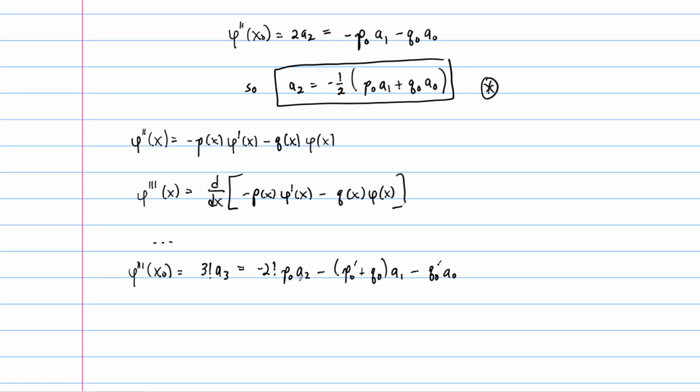And then we have a value for this, right? A2 is this. And so what we end up with is 6a3 is equal to the negative 2 factorial and the negative 1/2 cancel. And so we'll get p0 times p0a1 plus q0 a0 minus p0 prime plus q0 a1 minus q0 prime a0.